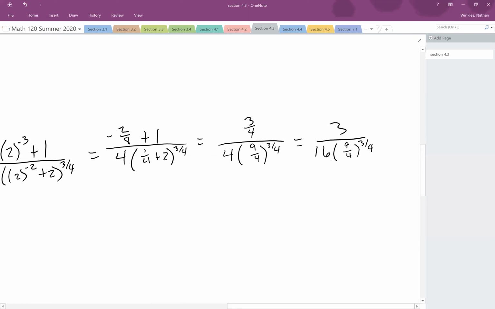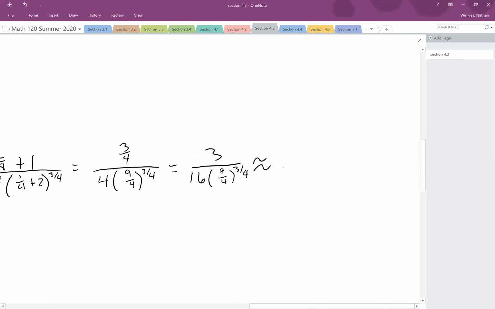I'd probably leave it there. I'd pull up a calculator to see what it would give me. So when we do that, if we round this to 4 decimal places, this is approximately 0.1021.